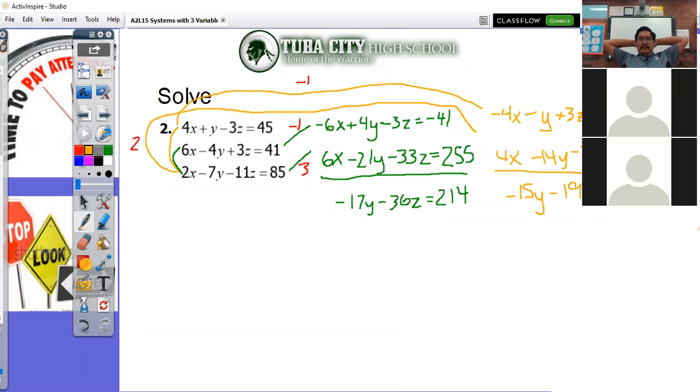Now, we have to decide which of these are going to be the next ones to get rid of. Let's see, 19 times 2 isn't going to work. And then 15 times, well, shoot, if I'm going to get rid of y, I'm going to have to multiply quite a lot.